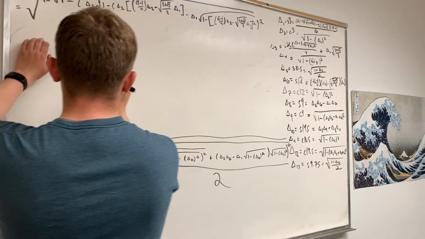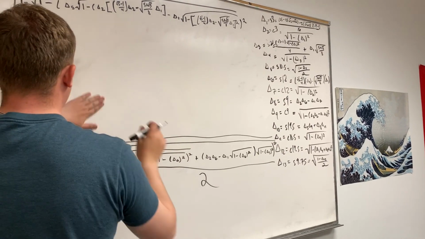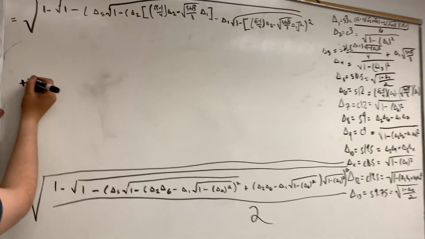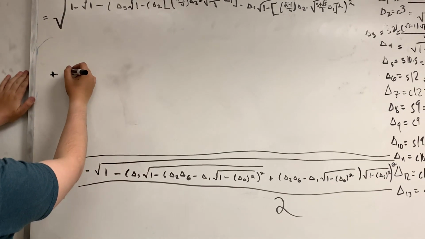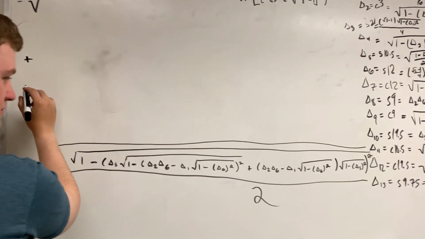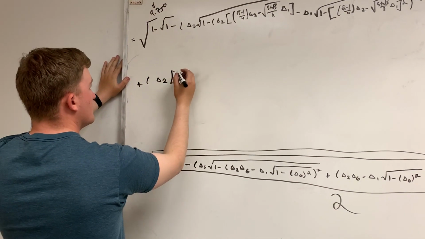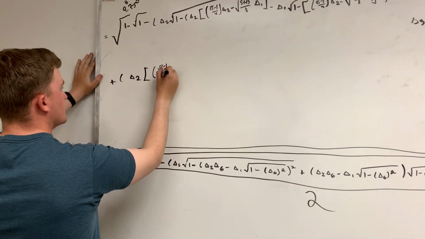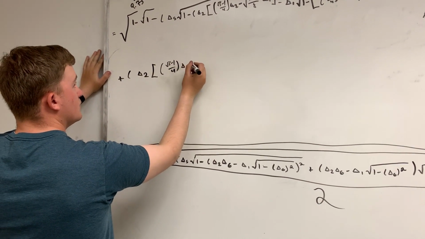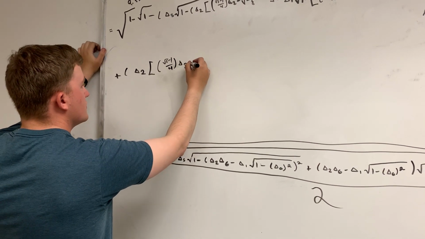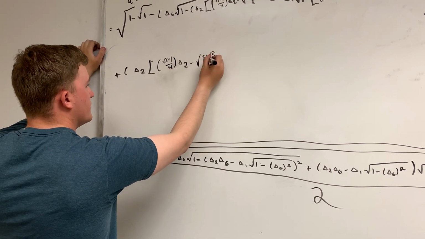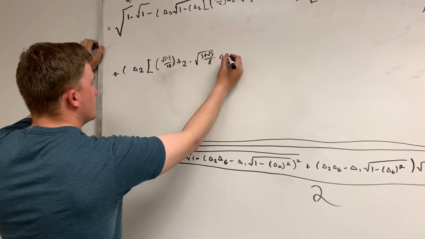I feel like that was a bad move. We should start back at the back. Plus delta 2, 4 delta 2, minus 5 8 1.